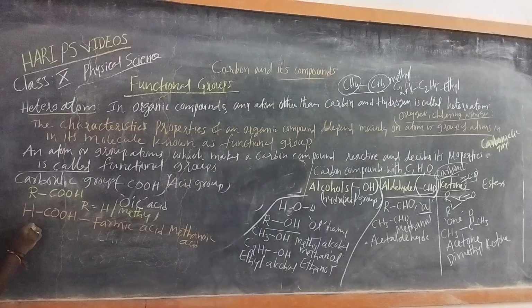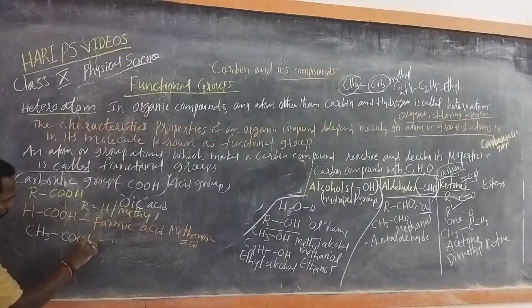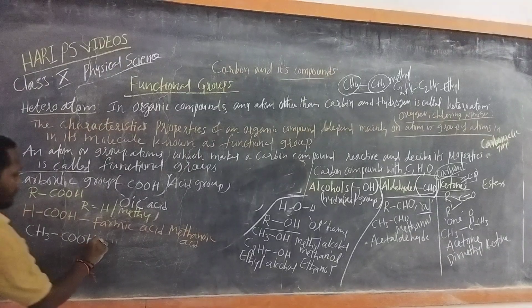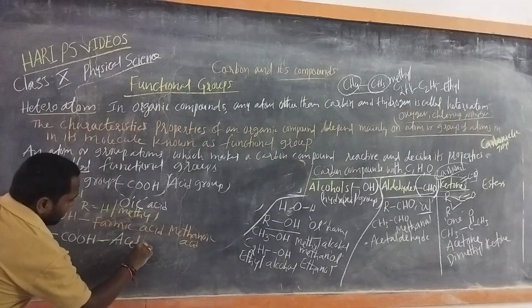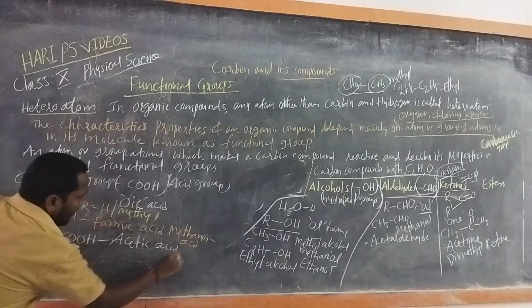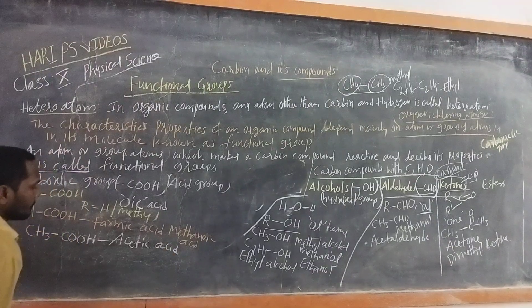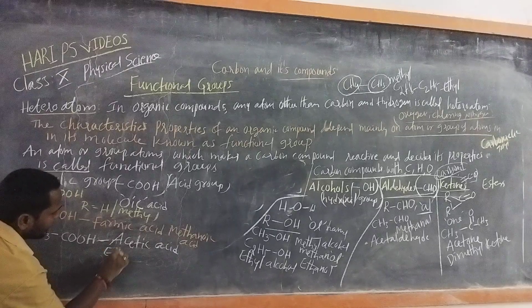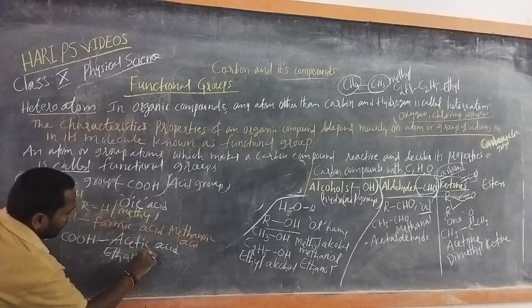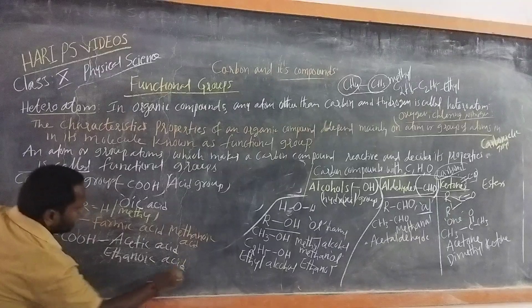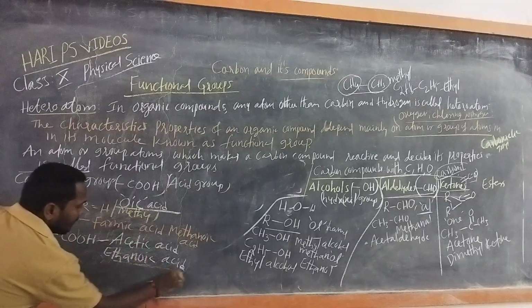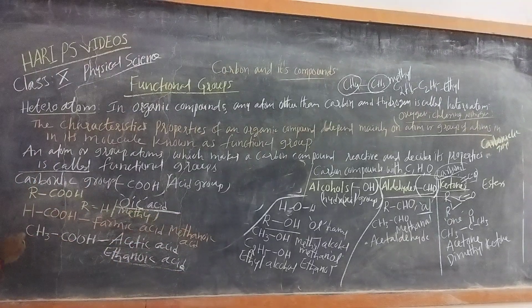Then CH3COOH is acetic acid, or called ethanoic acid. Ethanoic acid, right? Two carbons are there in the compound. Here only one carbon in the compound.